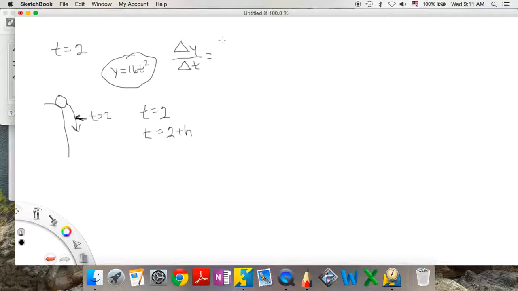So our average rate of change is 16 times the later time, 2 plus h, squared, minus 16 times the earlier time squared, over the later time minus the earlier time. So we're finding an average rate of change, but we're finding it in this really, really small time.